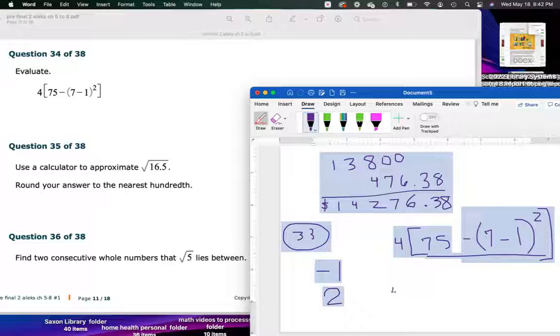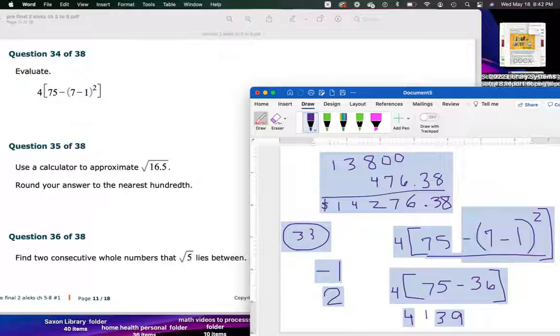So I end up with 4 times 75 take away 36. And 75 take away 36 is going to be 15 minus 6 is 9, 6 minus 3, 39, and then 4 times 39. 4 times 40 would be 160, so 156, okay, should be the answer.